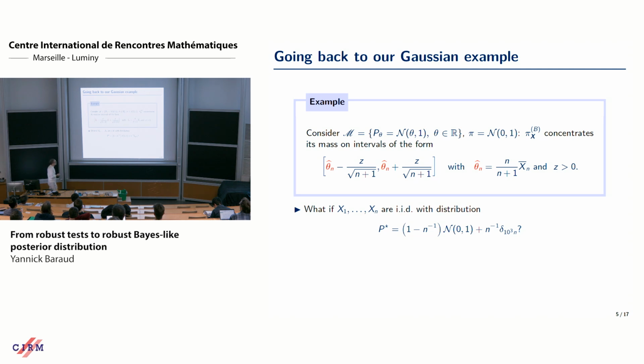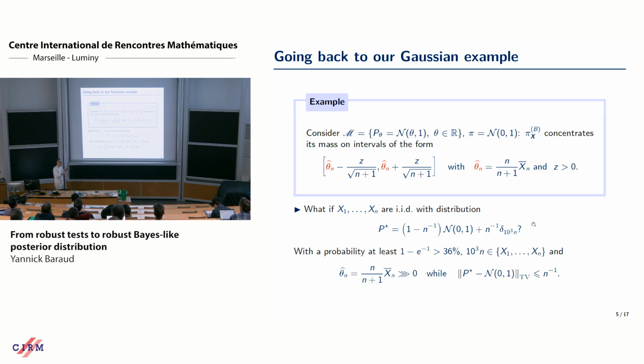Most of my data, a proportion 1 minus 1 over n of my data, will be truly Gaussian, but a part of them will be just a Dirac mass at some point. In this kind of situation, it's easy to calculate that with a probability of at least 36%, you will have this extra point among the data set.